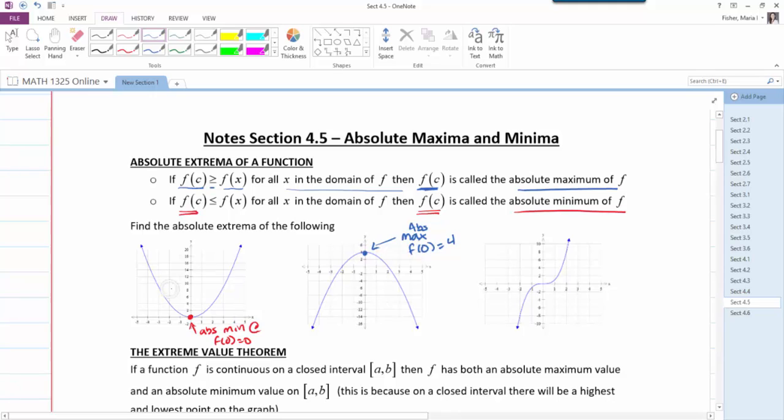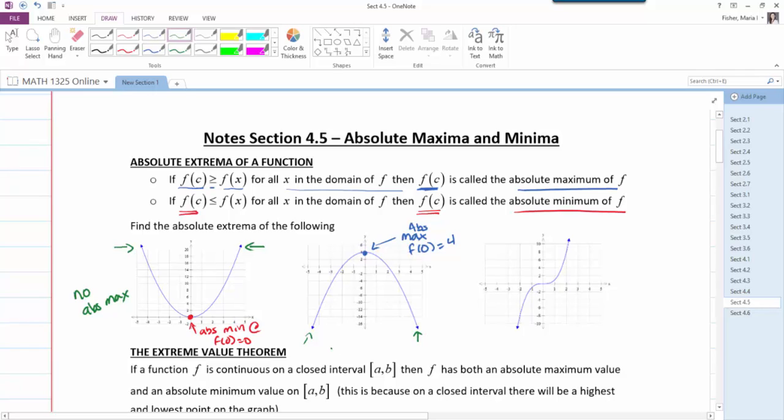Now this graph right here does not have a max because these arrows are pointing up, which means it's going towards infinity. So for this first graph we have no absolute maximum. For this second graph, we don't have an absolute minimum because our arrows are pointing towards negative infinity.